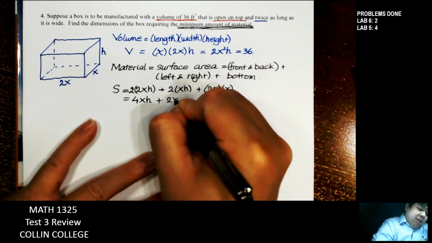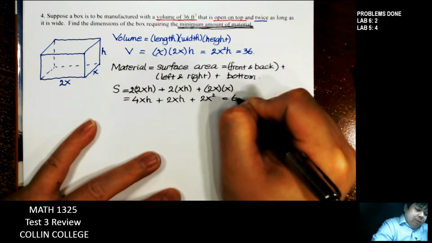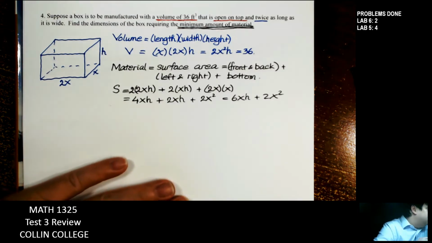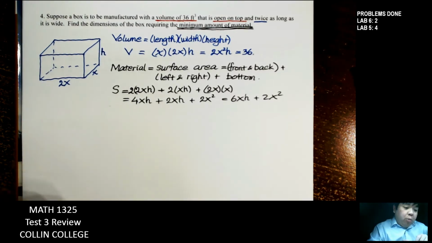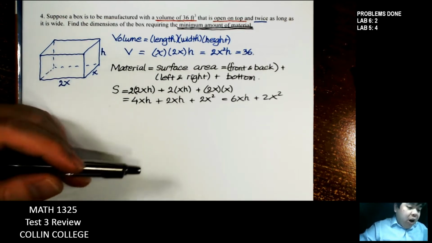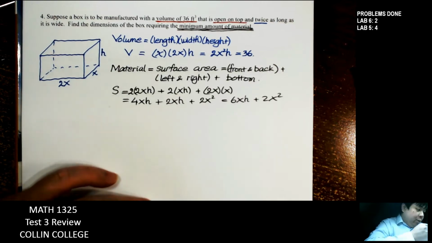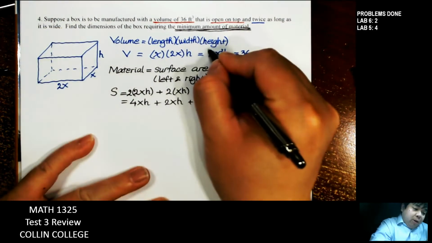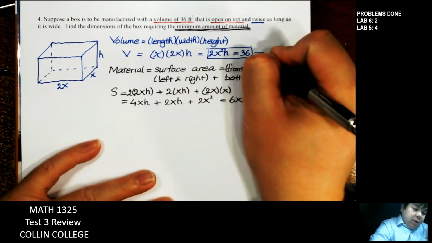So put all this together, we will have 4xh. Actually, make it 6. So we have that. The only problem here is we have both variables x and h in the function.